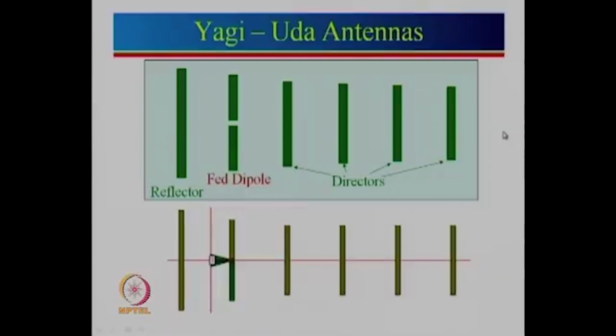If you think about array theory, in arrays, if all the elements are fed with equal amplitude, they will radiate in the broadside direction, but this is radiating more in this particular direction. This is also known as an end fire array.